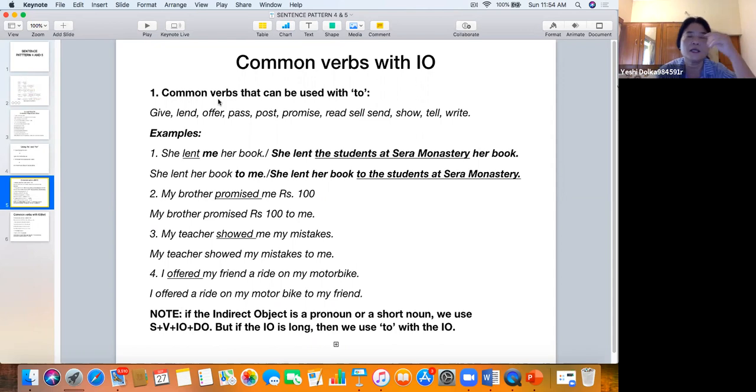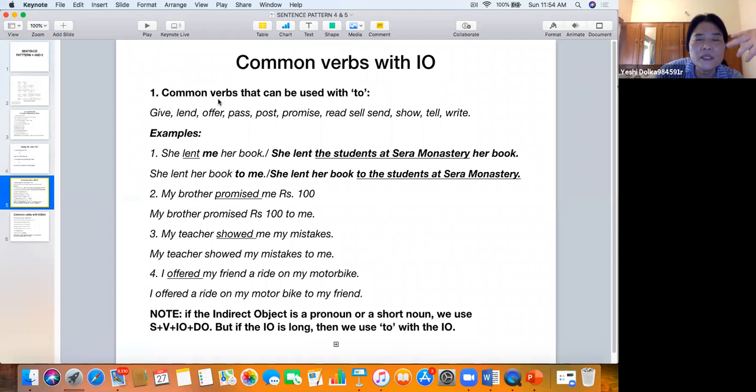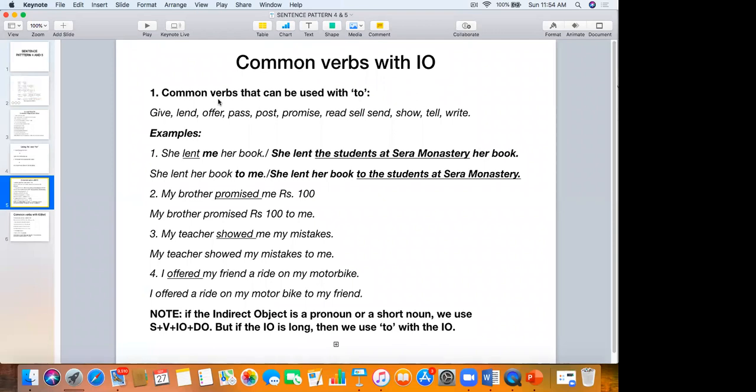He passed to me. He passed what? He passed the book to me. Yes. He passed me the book.